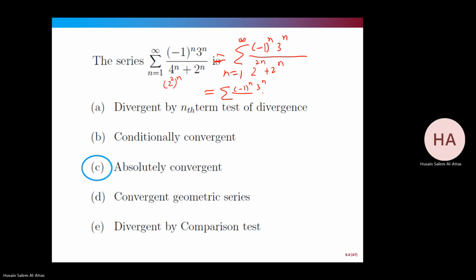I can take 2 to the power n as a common factor, so I have 2 to the power n plus 1. I think that will make it easier. So this is the summation of minus 1 to the power n, 3 over 2 to the power n over 2 to the power n minus 1.